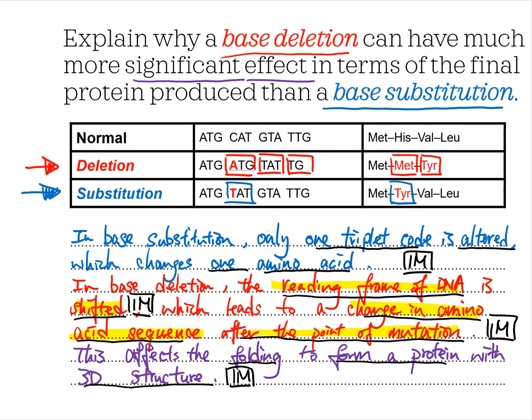With a different amino acid sequence, it will affect the folding to form a protein with 3-dimensional structure. This is the reason why deletion and insertion of base will affect the production of protein a lot more greatly than base substitution and inversion.